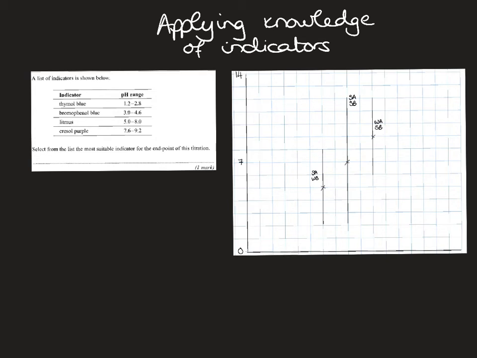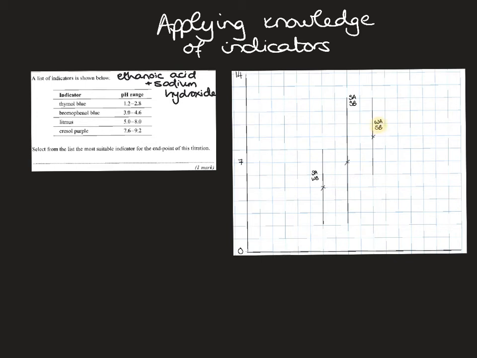So this question's from AQA from 2010. It actually was a question that had ethanoic acid and sodium hydroxide, so I'll just write that on the top. So that means that we are working with this weak acid, strong base curve here.